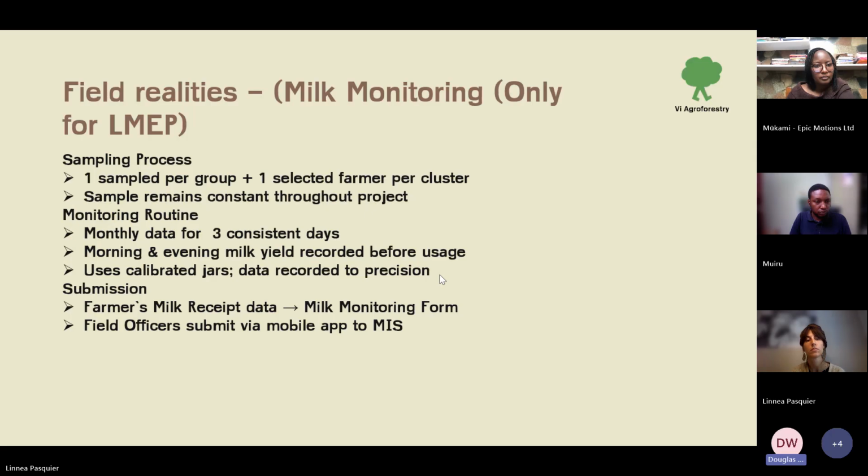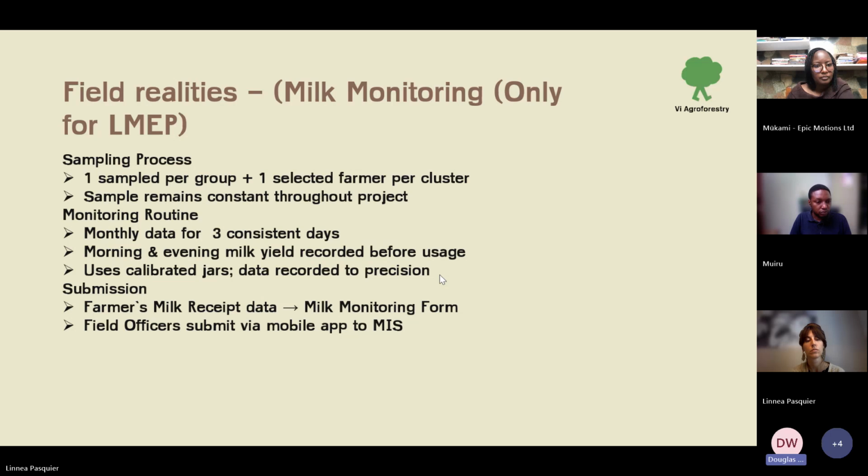When it comes to the monitoring routine, we collect monthly data for 3 consistent days. So if this farmer gives us milk on dates 10, 11, and 12, those are the dates we maintain, and we visit the farmer to ensure that we collect that milk data.